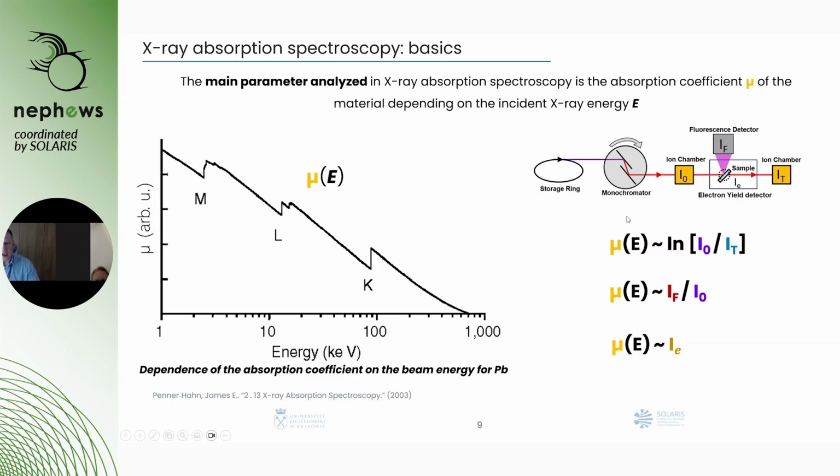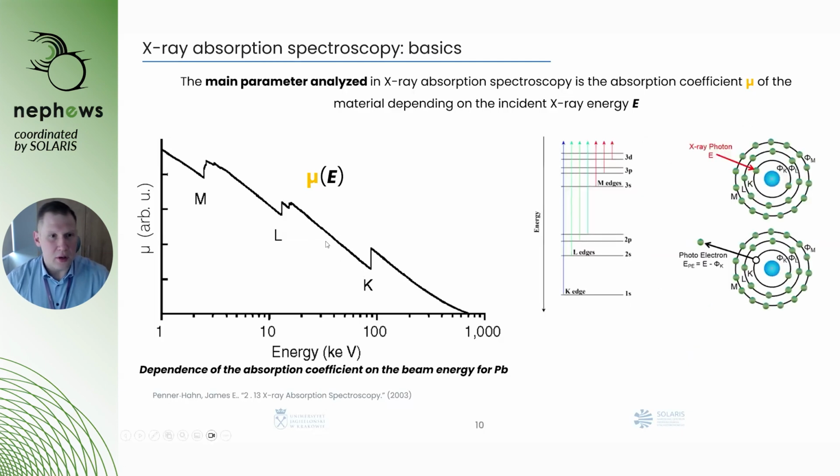The monochromator actually allows us to choose the exact energy of the photons at a given moment, and step by step we change the energy and detect how the absorption coefficient changes as a function of the energy of the incident X-ray beam.